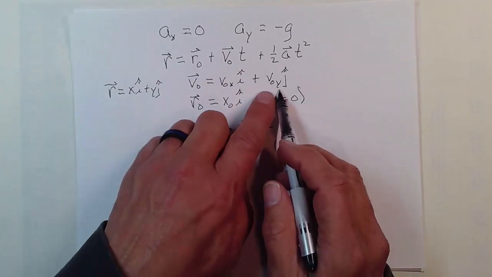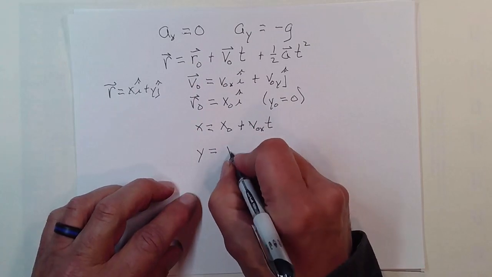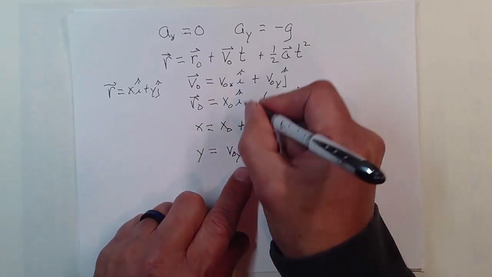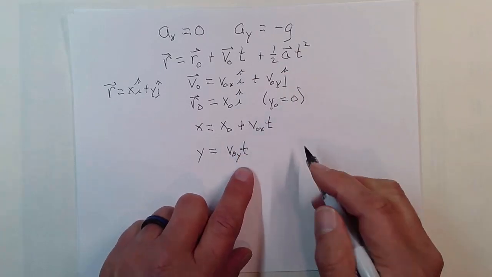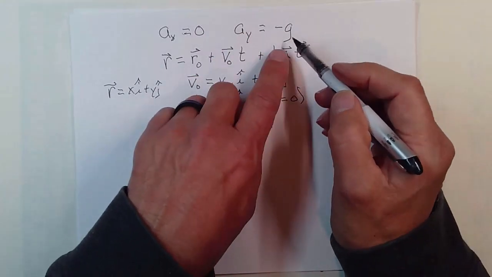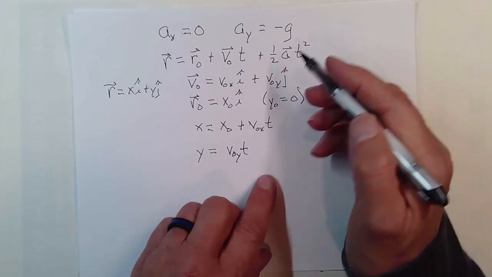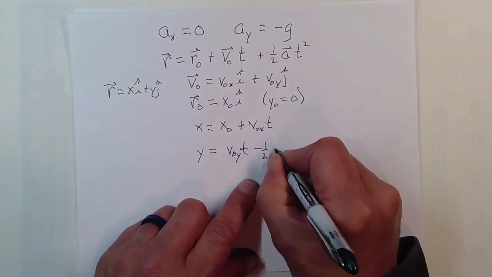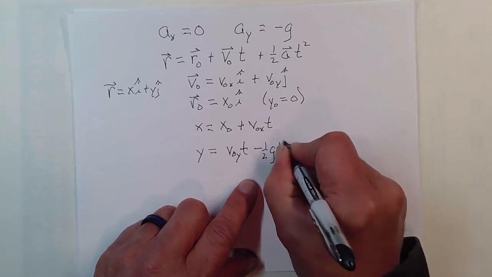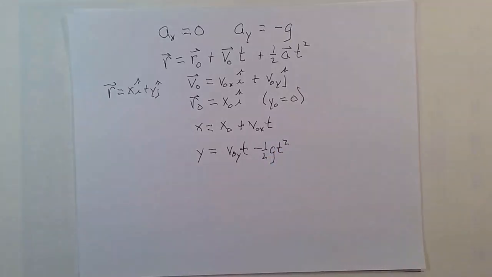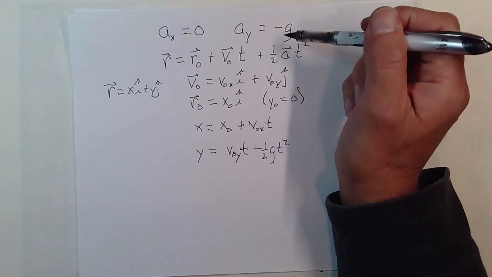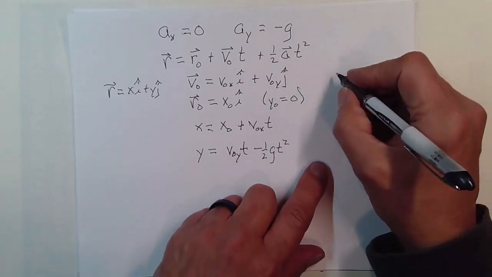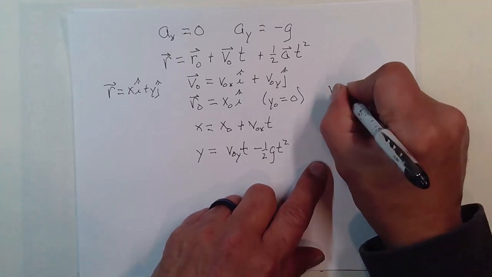There is a v naught y, so it will equal v naught y times t, and the a sub y is minus g, so I'm going to get a minus 1/2 g t squared. Now, if there's constant acceleration, I can get another equation out of this.